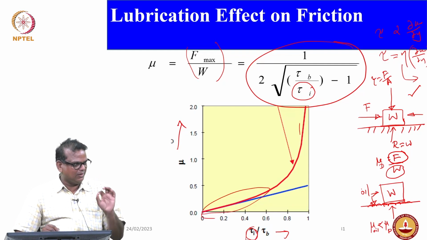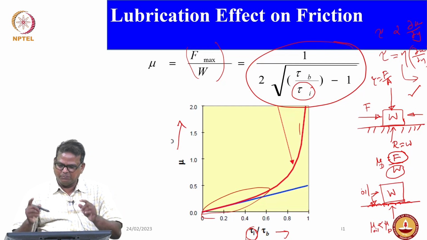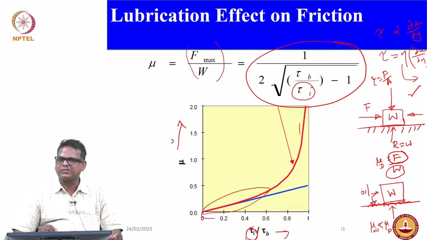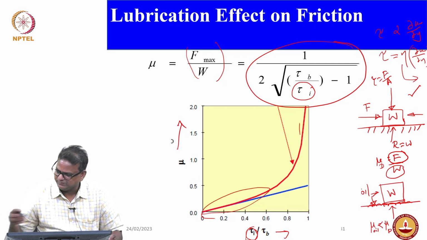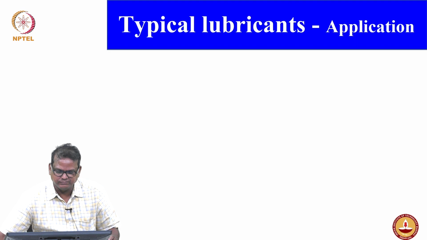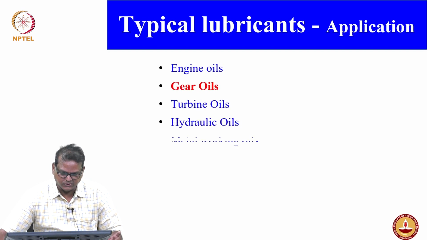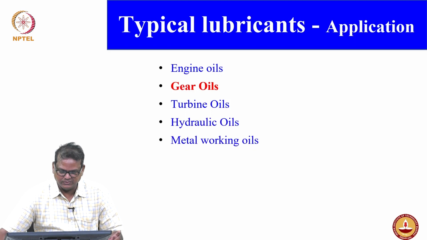How the viscosity and the lower shear strength are related, based on that your coefficient of friction also will be reduced. This is the important thing, please understand that. Then for lubricants, you can have different applications: engine oil, gear oils, turbine oils, hydraulic oils, metal working oils.